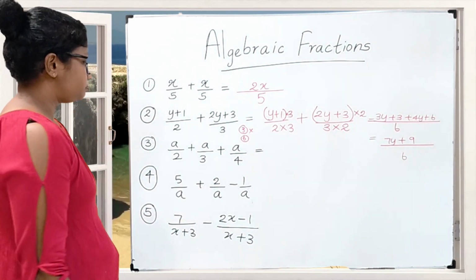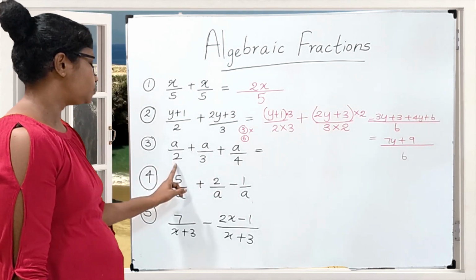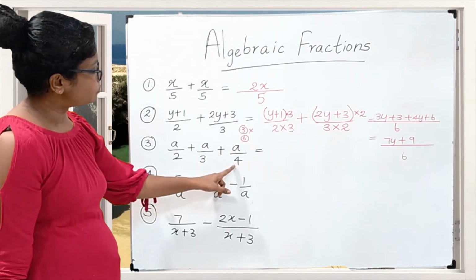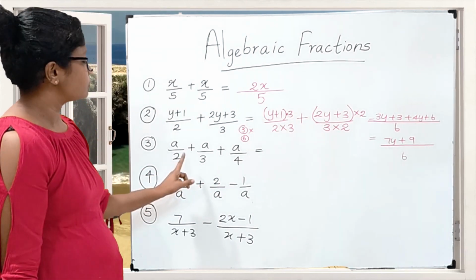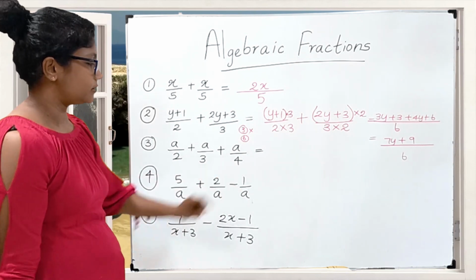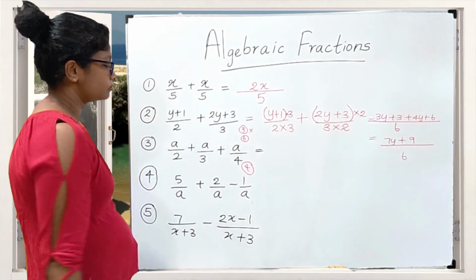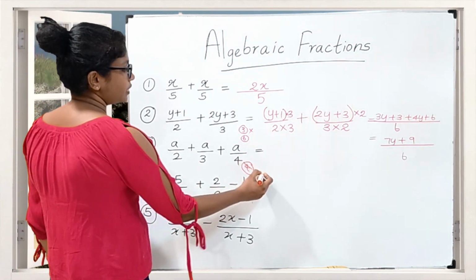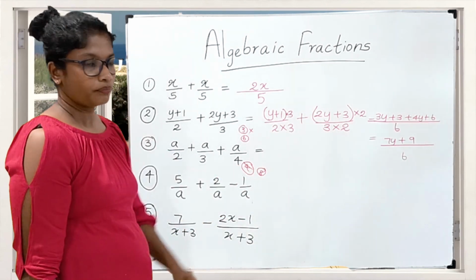Then the third one. What are the denominators here? 2, 3 and 4. Then you have to find the common denominator here. Can we get 4? No, because we can't divide it by 3. Then 8, multiples of 4.